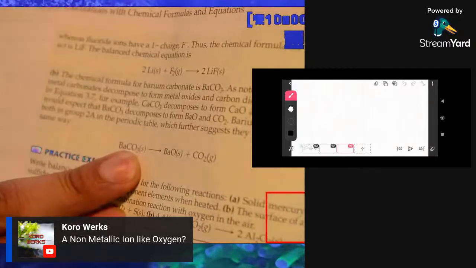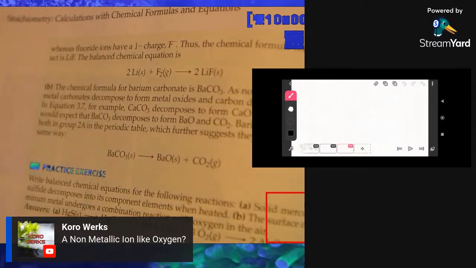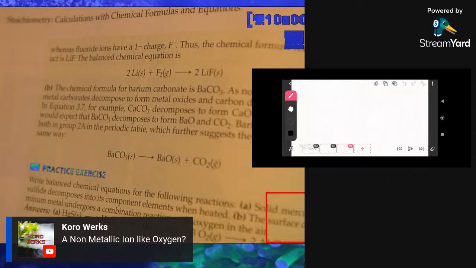So the next equation is barium carbonate. That is what it's called. The chemical formula for barium carbonate is BaCO3. Sorry guys, I can't really write with this.